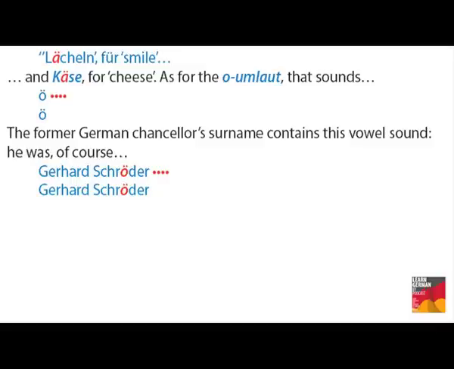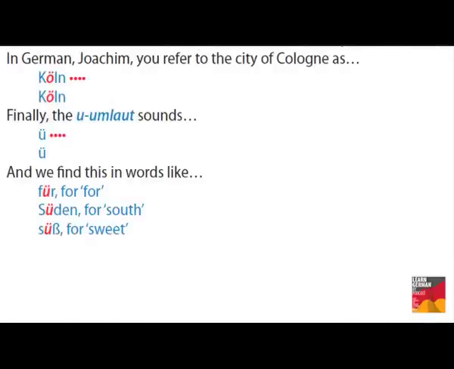As for the O umlaut, that sounds Ö. The former German Chancellor's surname contains this vowel sound. He was, of course, Gerhard Schröder. In German, Joachim, you refer to the city of Cologne as Köln.